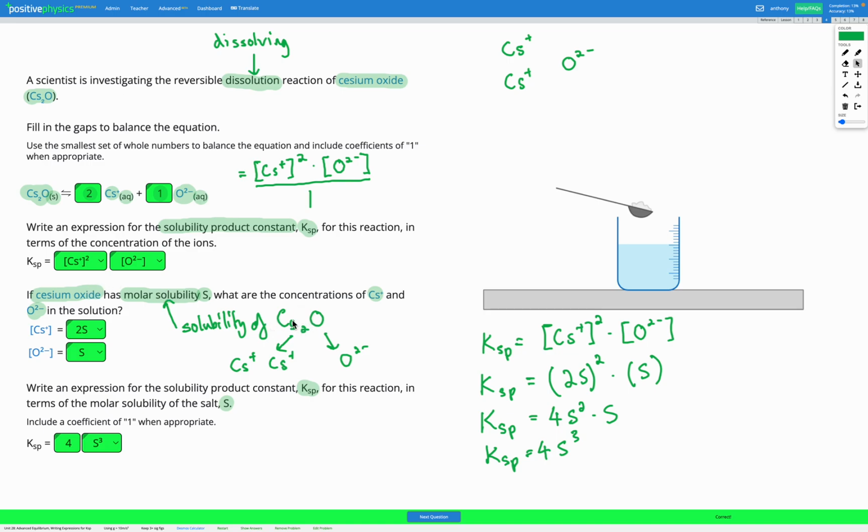So if you make multiple ions, 2 or 3 ions of a certain type, you're going to have 2 or 3 times the molar solubility for the concentration of those ions at equilibrium. Finally, we're going to substitute in those expressions to our Ksp equation in order to get an expression for Ksp in terms of the molar solubility of the salt S.